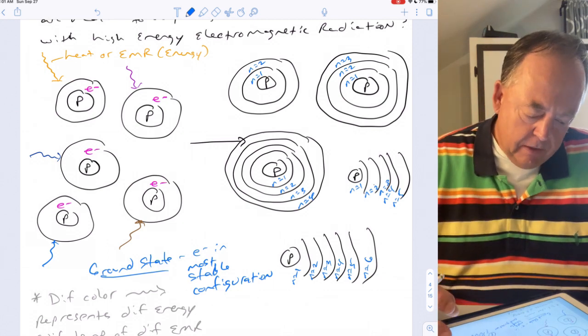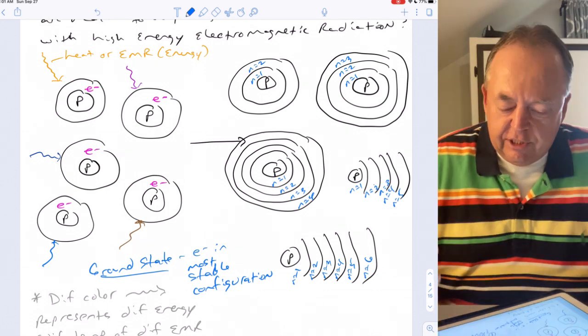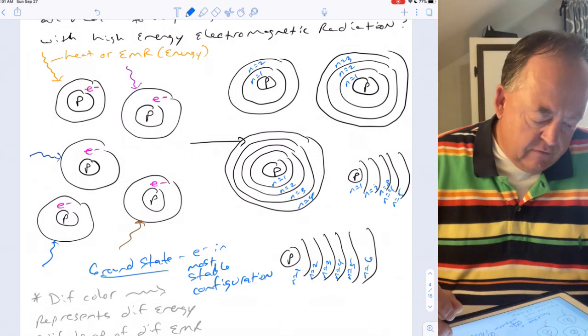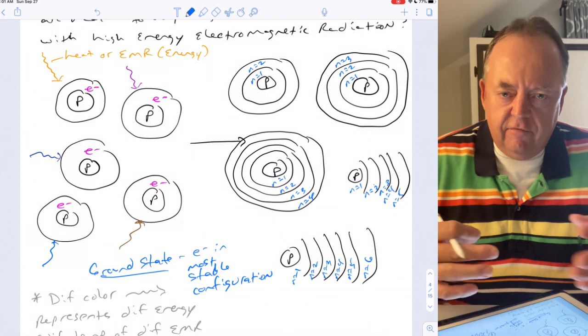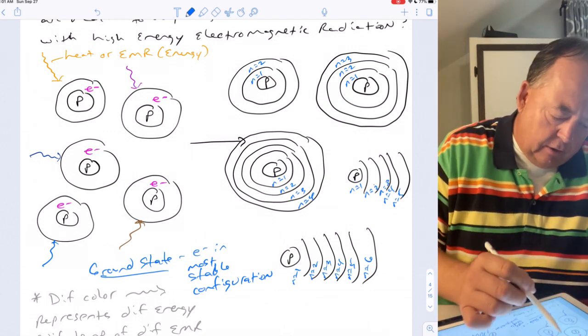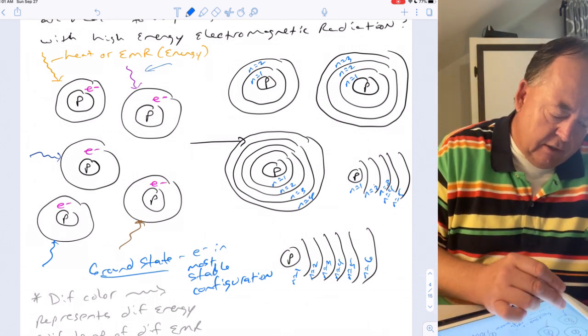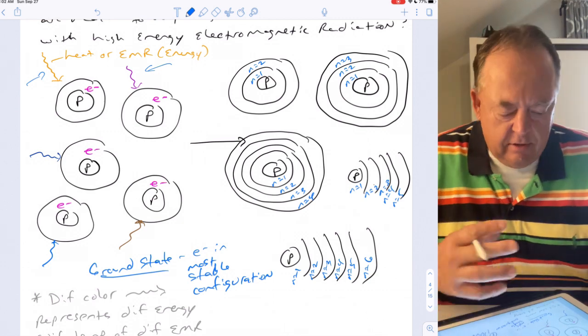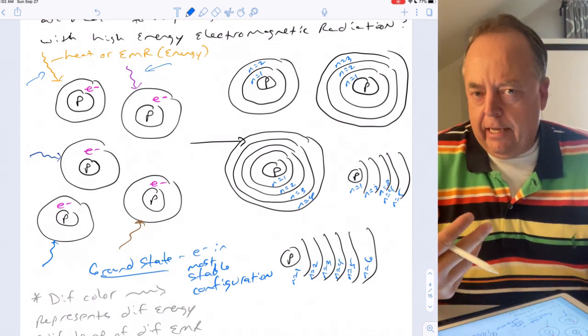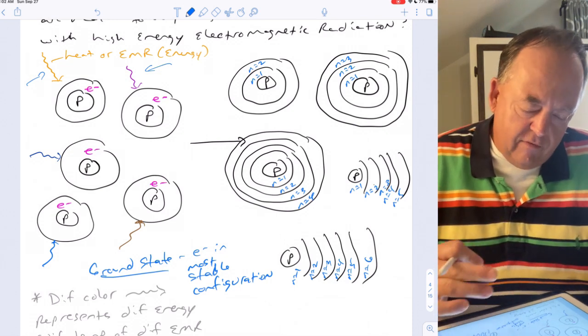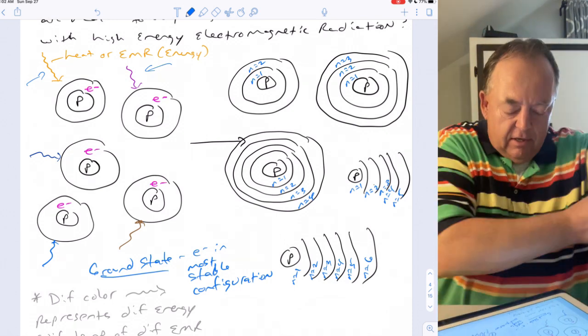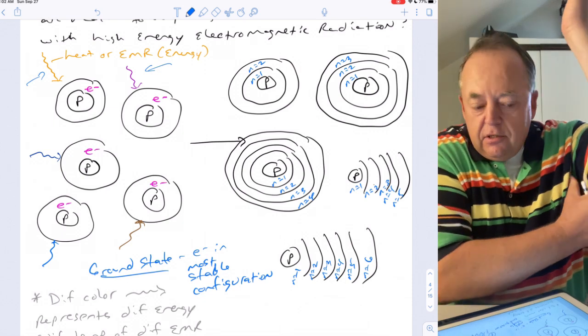And then let's say those 5 hydrogen atoms absorb energy of different energies. That's what the different colored arrows here are trying to represent. So that's either heat or radiation coming in, electromagnetic radiation, and they're of different wavelengths or different frequencies, or being heated to a different temperature.